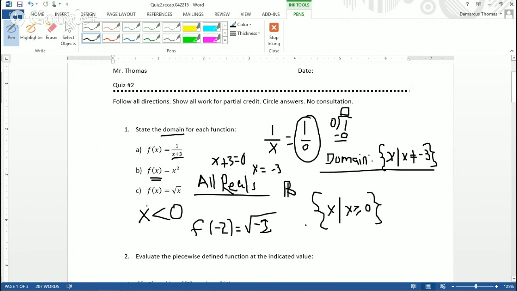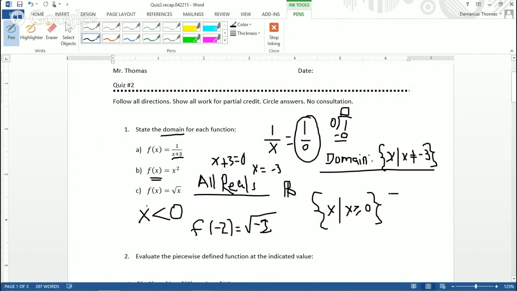Of course, there are other ways to write out the set, and I'll accept anything that is equivalent. You could even say that the domain is all real numbers except anything less than 0.